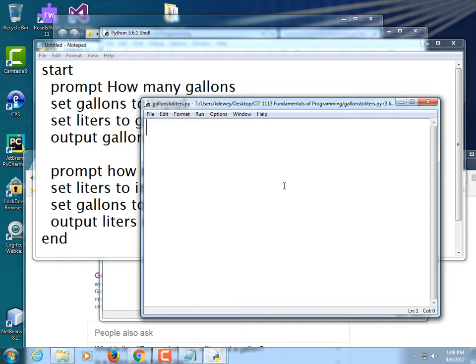Say input, and then print the string, how many gallons, and receive the input, set it to a float. I can do that. There's another way. There's 2 different ways. Actually, let's do the way you just said. So we're going to do gallons equals input. See, if you put both parentheses, you're not going to be missing one. How many gallons?